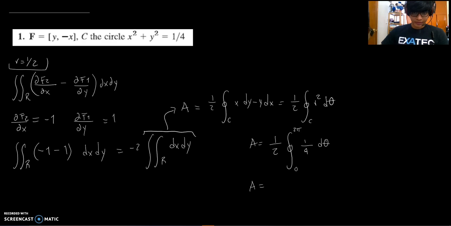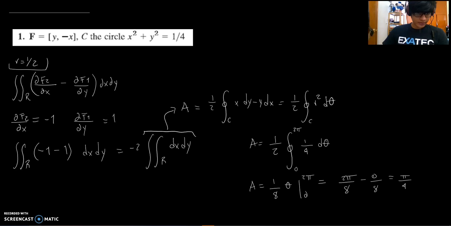Hence the area will be 1/8 of theta evaluated from 0 to 2 pi. This will be equal to 2 pi over 8 minus 0 over 8, which is equal to pi over 4.